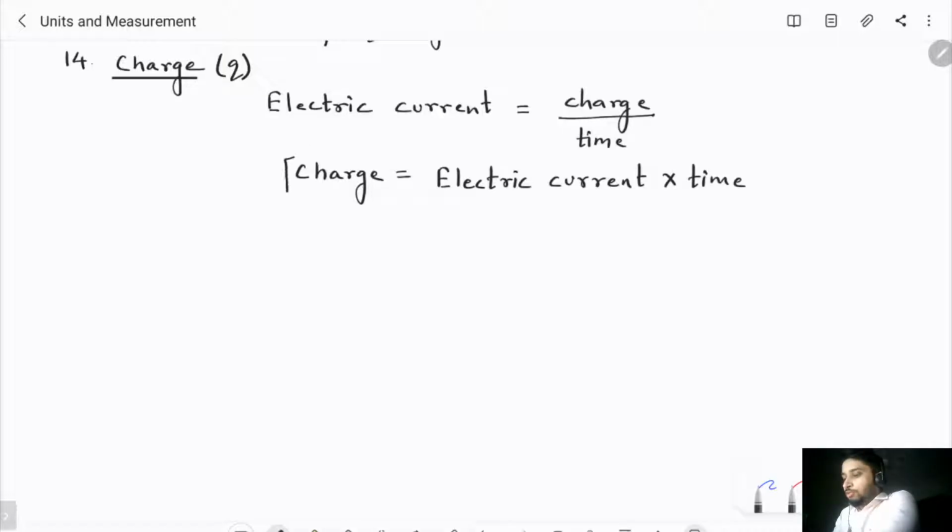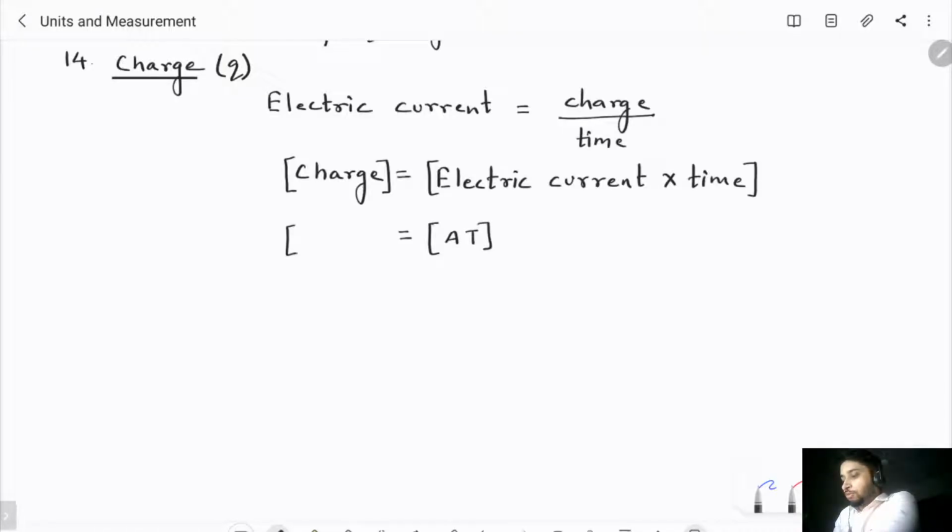So the dimensional formula also we can write accordingly. Dimensional formula for electric current is A, and dimensional formula for time is T. Okay.